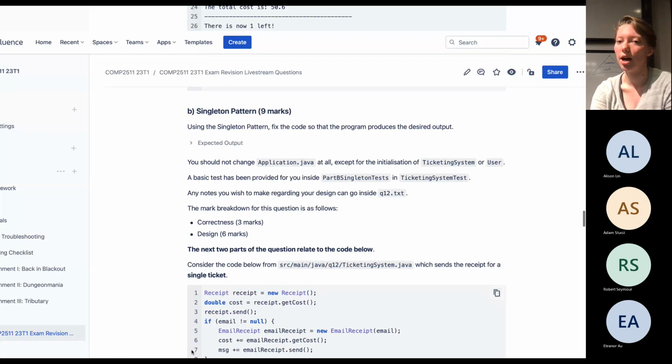We only want them to be able to buy one ticket at a time, because we don't want everything calling this and then get tickets left outputting the wrong result. So let's make sure that's saved and run it again.